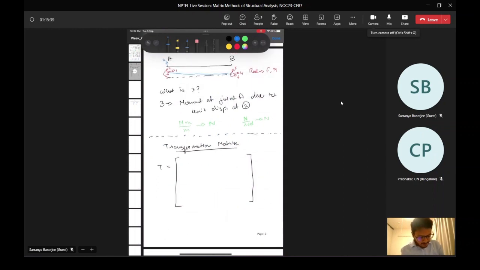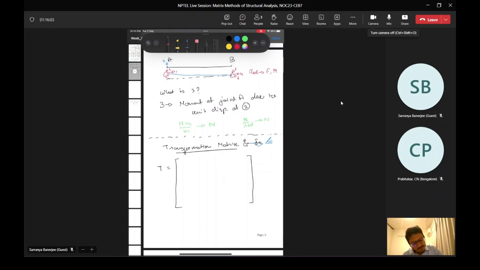If you convert it to an element like this with some angle, say theta, your forces and displacements will change. You will get some new forces and new reactions. But what will remain the same is the moments. The moment was anti-clockwise, and it will still remain anti-clockwise. Moments will not undergo any change, right?